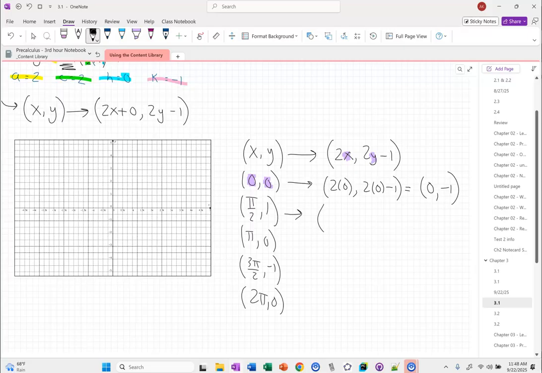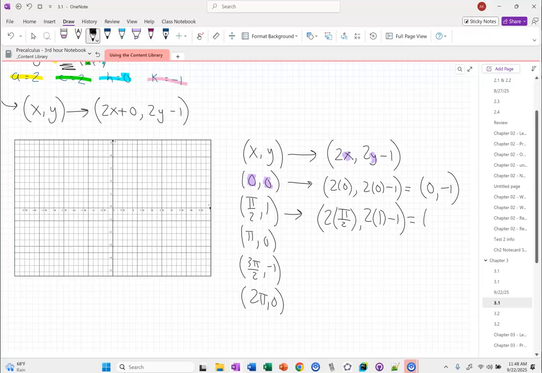So this time I'm going to plug pi over 2 in for x and then 1 in for y. So 2 times pi over 2 simplifies to just pi.